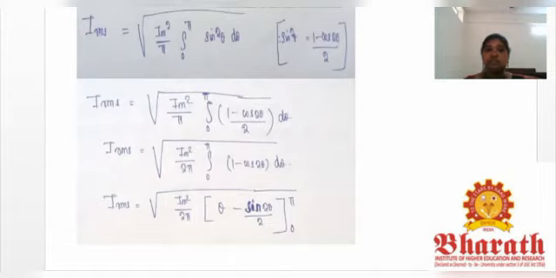The formula for sin square theta is 1 minus cos 2 theta divided by 2. So instead of sin square theta, I substitute 1 minus cos 2 theta divided by 2: root of Im square divided by pi integral 0 to pi of 1 minus cos 2 theta divided by 2 into d theta.